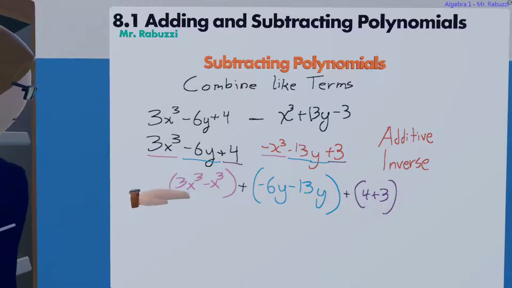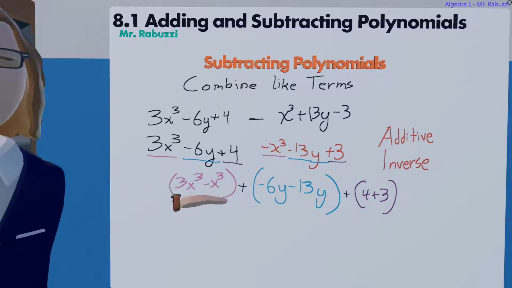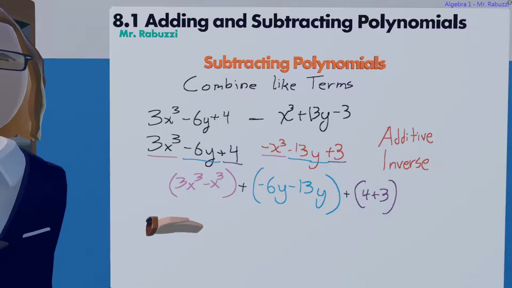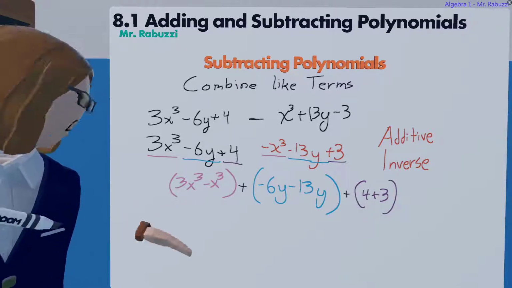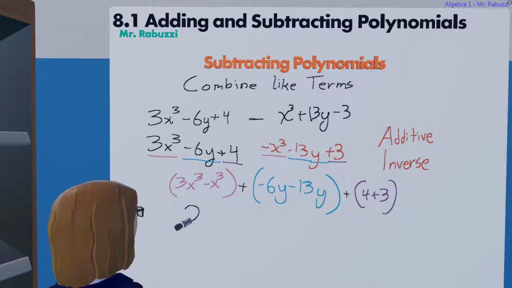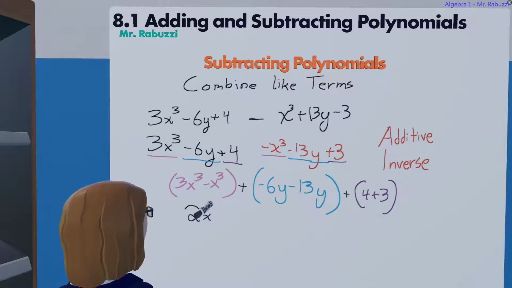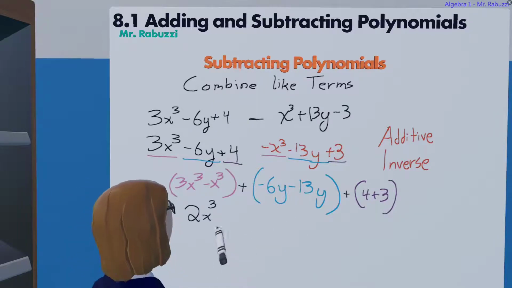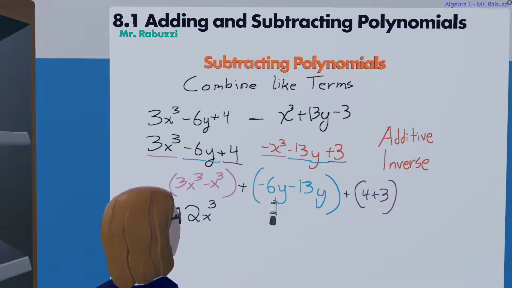Okay. So 3x cubed minus an x cubed. How many are left? 3 minus 1. So we only have 2x cubes left. Okay. Negative 6y minus 13y. Check this answer on your calculator in case you get it wrong, because negatives are tricky.